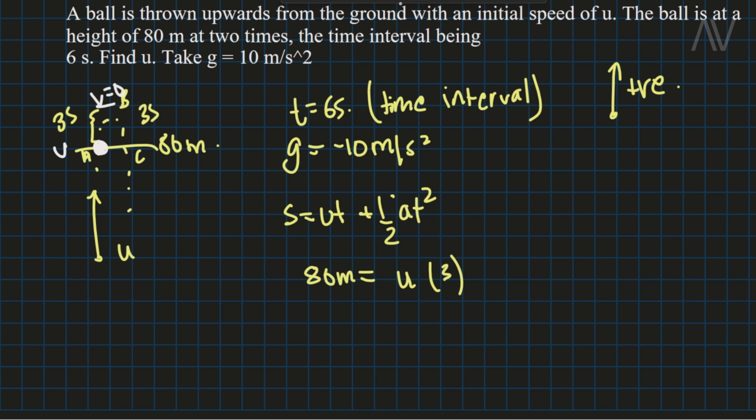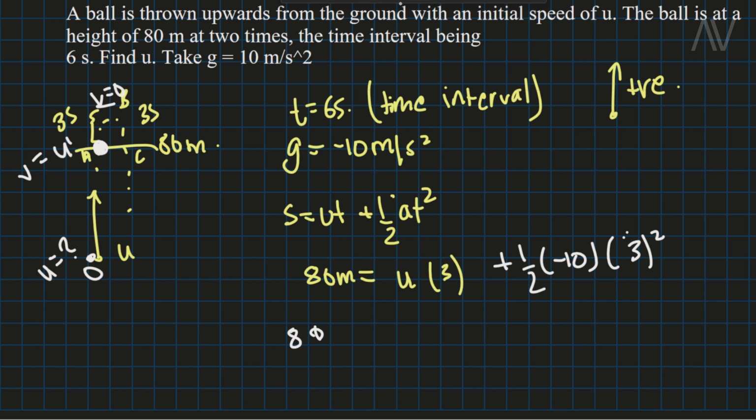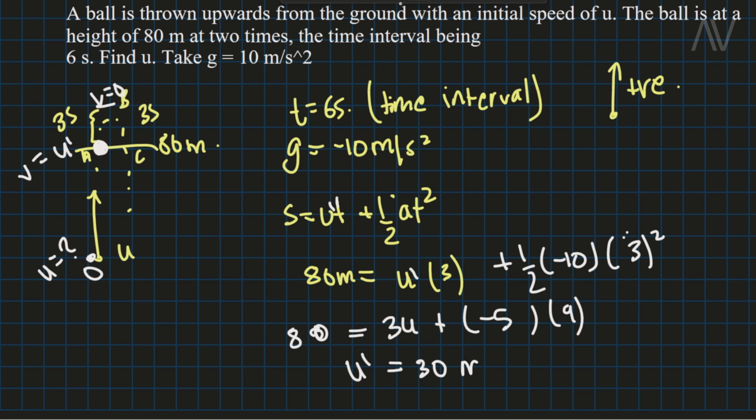When we get the value of u dash, we will equate it to v and use the same equation from point O to point A, using u dash as v, and u is unknown. So s = ut + ½at², which gives 80 = 3u dash + (negative 5 into 9), and if we simplify this we would get u dash = 30 meters per second.